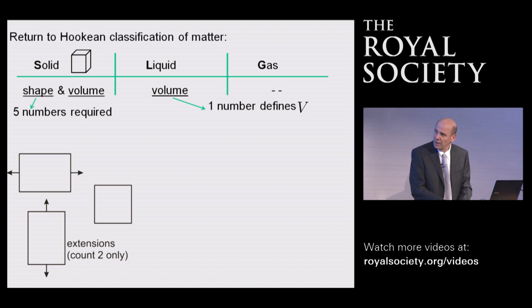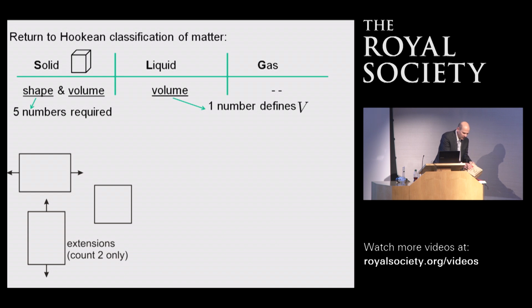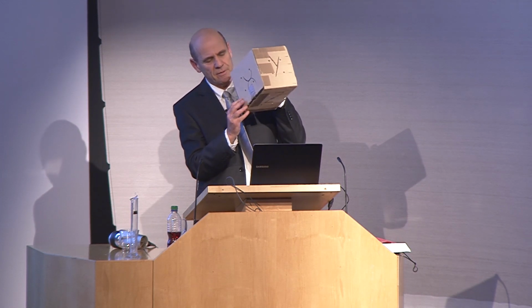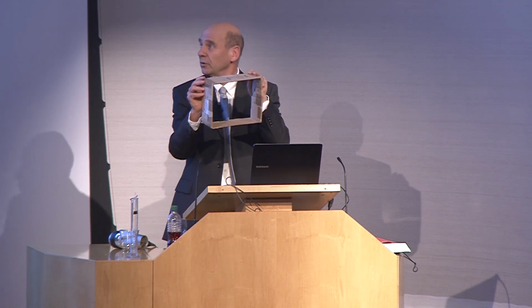So let me try and now demonstrate this. So we take a cube, and so I brought along a cardboard cube, and it's got 3 directions associated with it, an x-axis, a y-axis, and a z-axis. So there are 3 axes that define a solid in 3 dimensions, and if I fold this in, I can now look at the distortions of this.